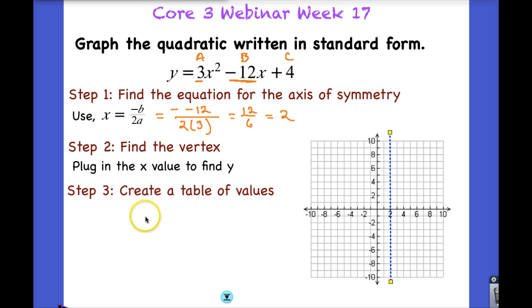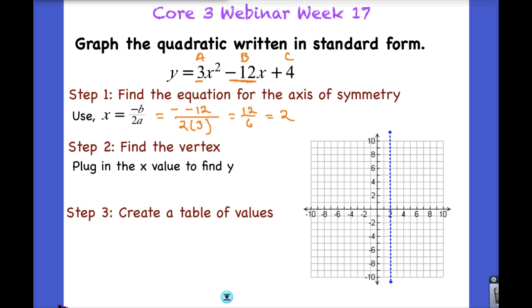Gloria, you're back. All right, you guys. So Gloria, we figured out that the x-coordinate is 2, and now we are figuring out our y-coordinates. Did you do it?